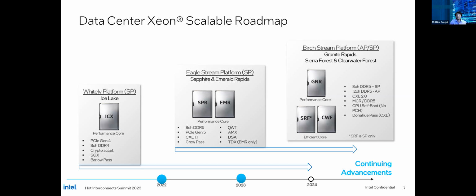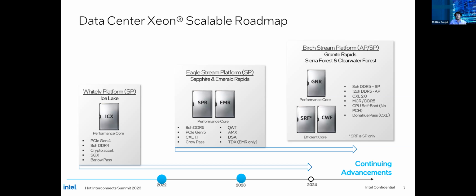We have crypto acceleration at the ISA level. We have AVX 512 based crypto acceleration. We have another security entity called SGX, which is for secure enclaves. And then we have NVMe and other IO devices attached to that.